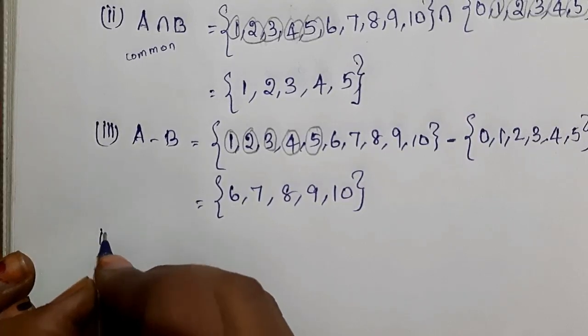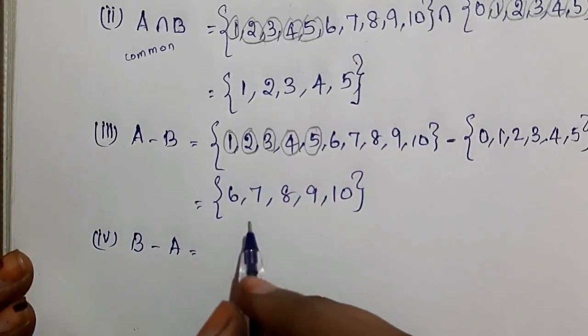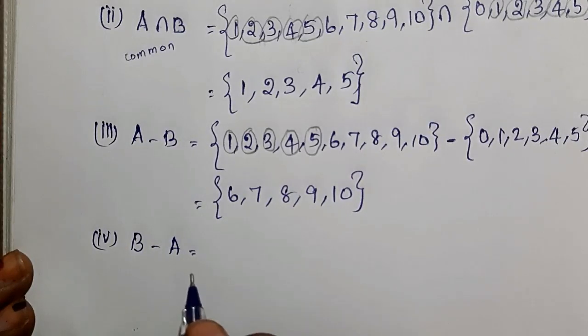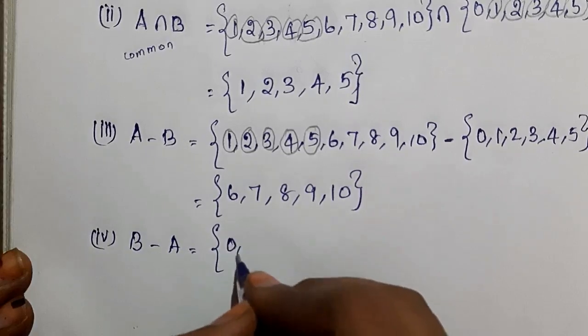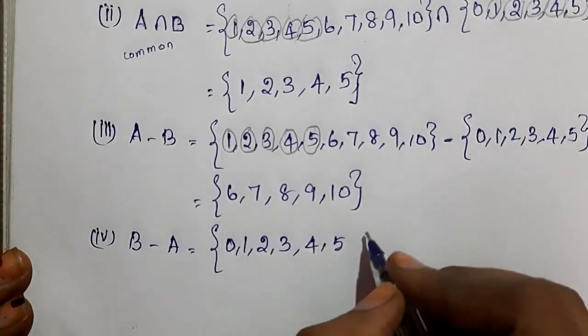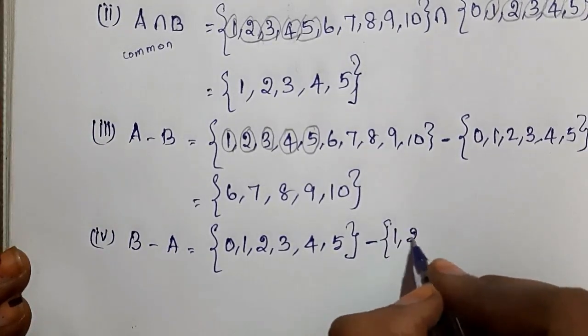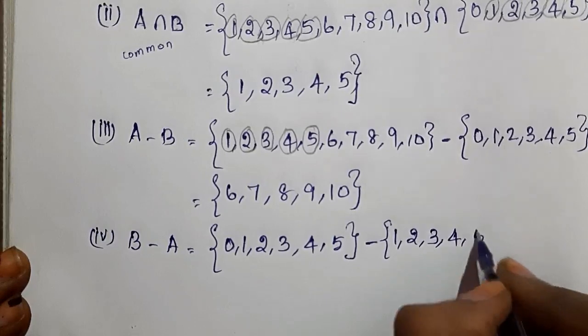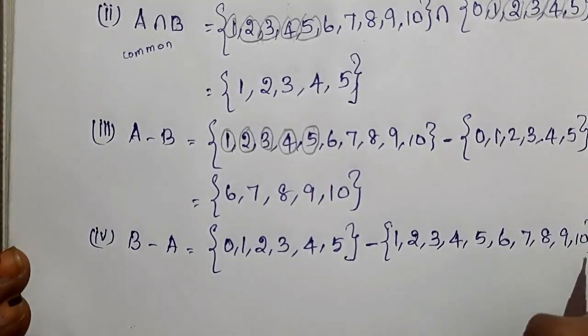So B minus A. What is the meaning of B minus A? From the B set we remove the A elements. So first I write the B set: 0, 1, 2, 3, 4, 5. This is the B set. Minus. Next we write the A set: 1, 2, 3, 4, 5, 6, 7, 8, 9, 10.